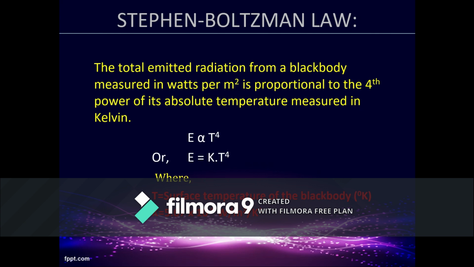Here I want to say that all objects above absolute zero, meaning minus 273 degrees Celsius or 0 Kelvin, emit electromagnetic energy, including water, soil, rock, vegetation, and the surface of the sun.